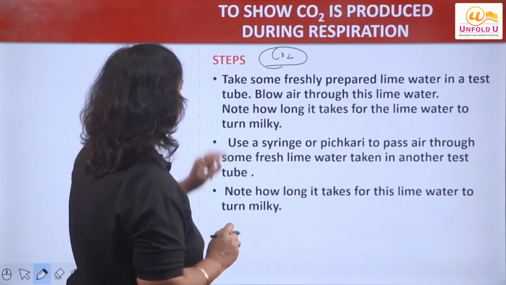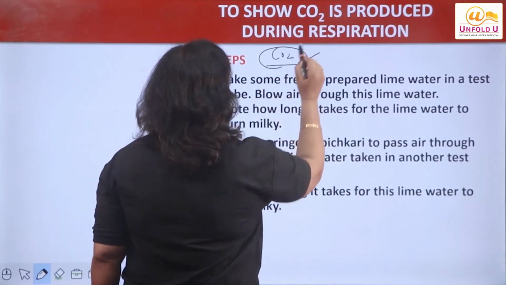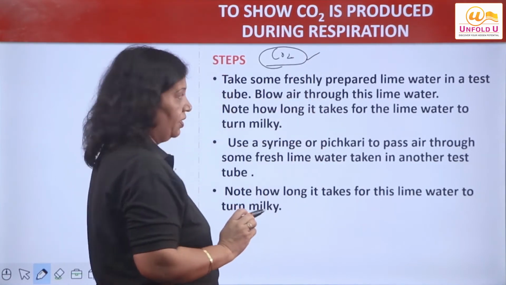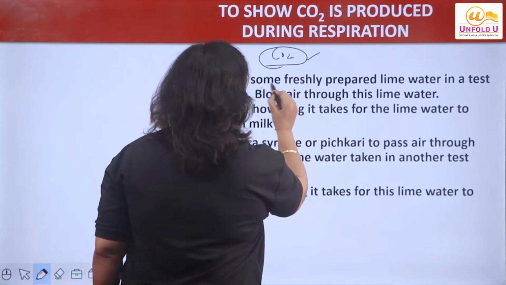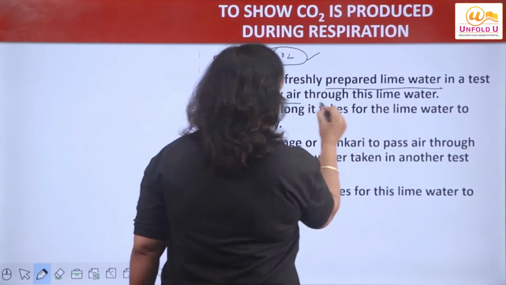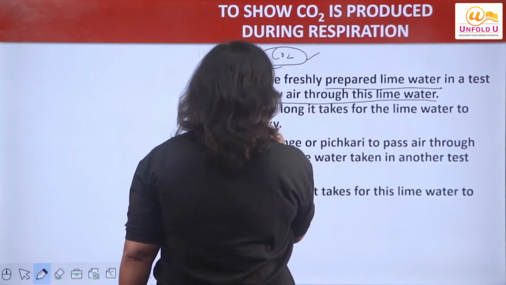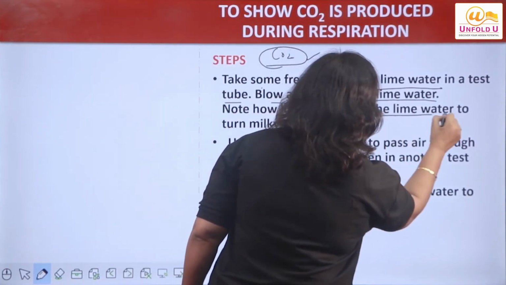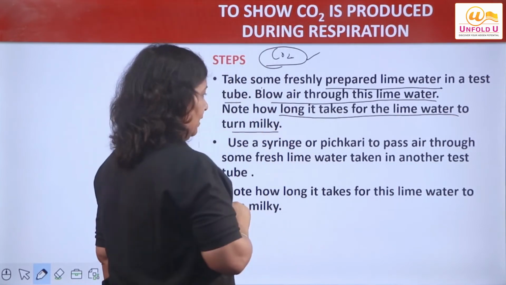Right? So what we have done here, we are trying to prove that carbon dioxide is produced during respiration. We take some freshly prepared lime water in a test tube and blow air through this lime water, right? Note how long it takes to turn milky.